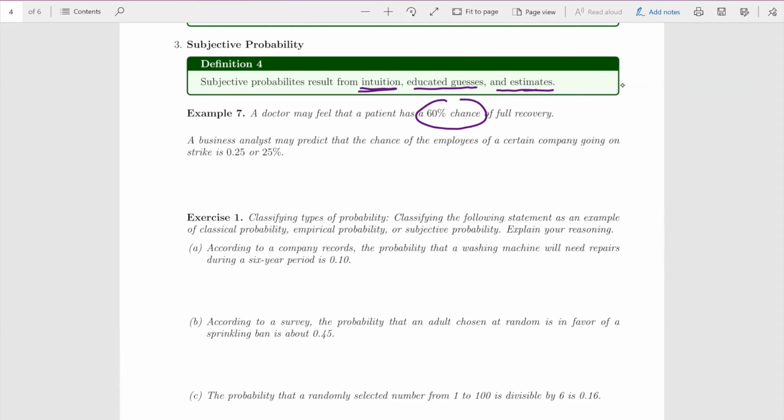So the doctor can make these estimations based on his prior experience. Or a business analyst may predict that the chance of employees of certain companies going on strike is about 25%. So he predicts this chance based on his experience.